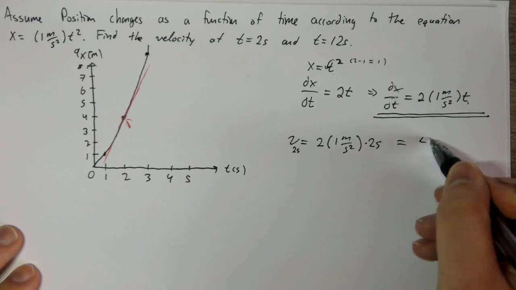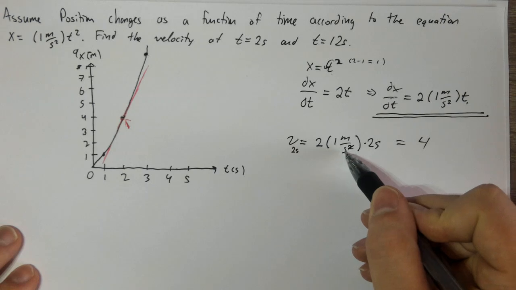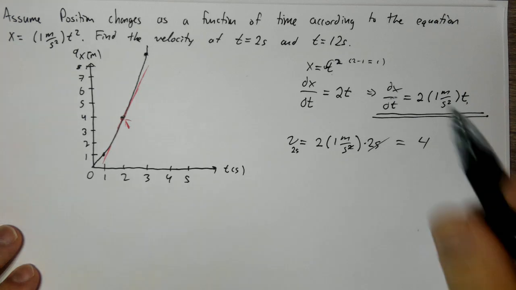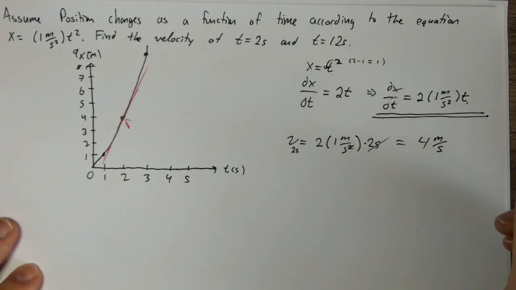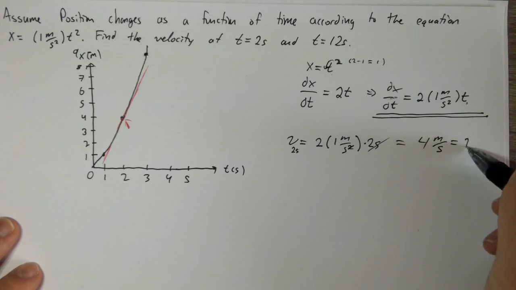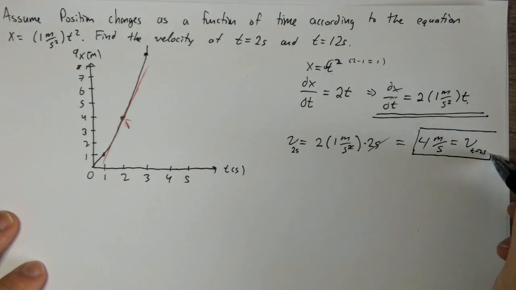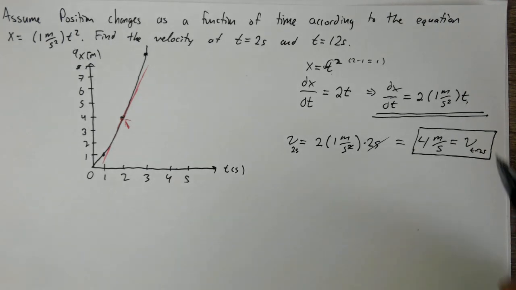So obviously that's going to be 4. And then one of the seconds in the denominator cancels with the one in the numerator, giving us units of meters per second, which is what we'd expect with a velocity. And that is our answer at 2 seconds. So this particle is going 4 meters per second at a time of 2 seconds.